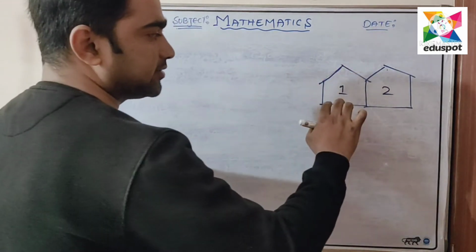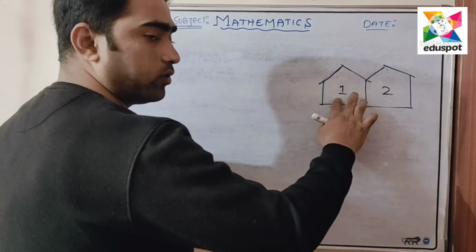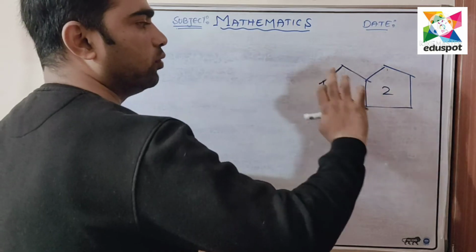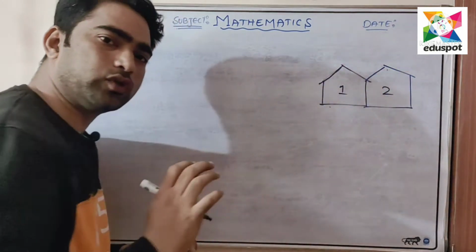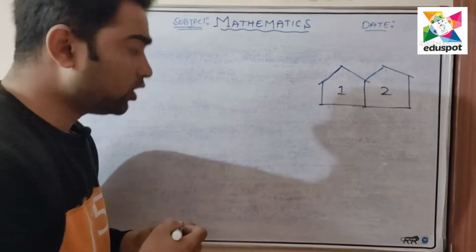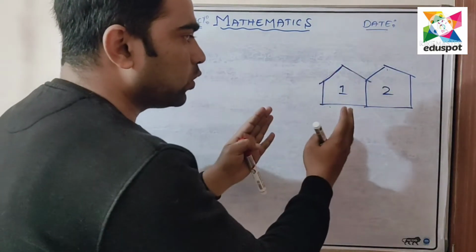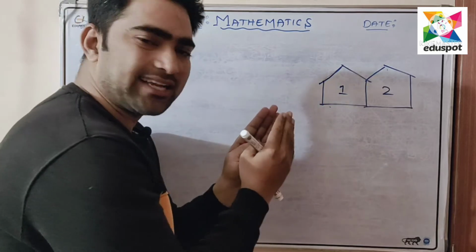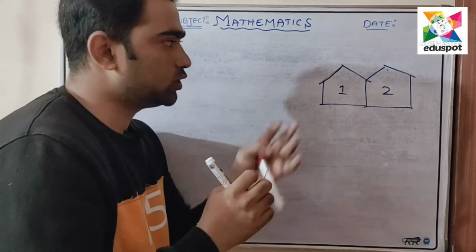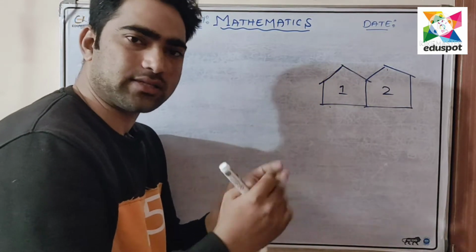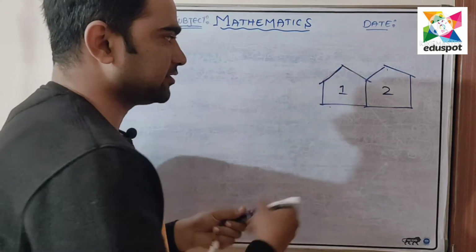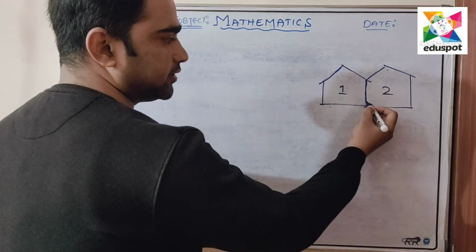You can call home 2 a neighbor for home 1, and home 1 is a neighbor to home 2, right? There are 2 homes. Next question: whether these homes are attached or separate. Yes, attached, right? So this is attached here.